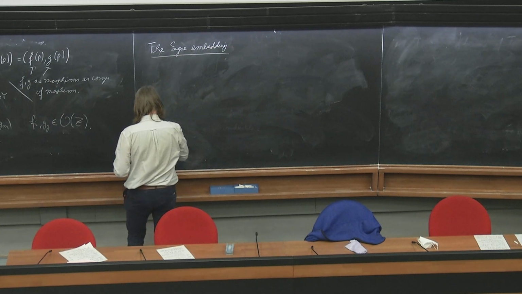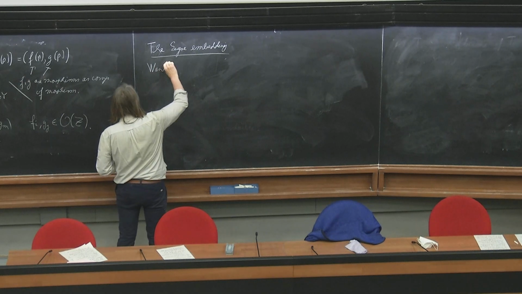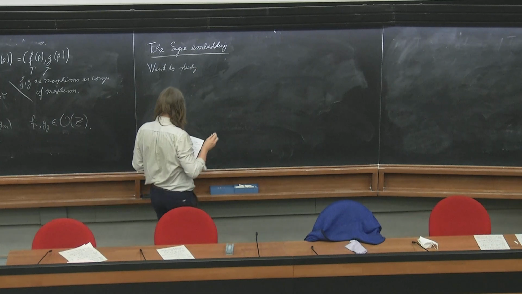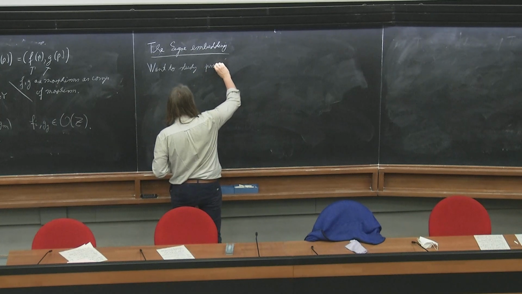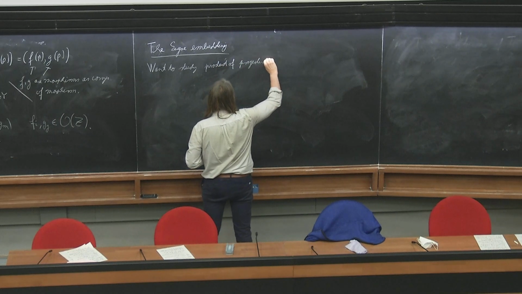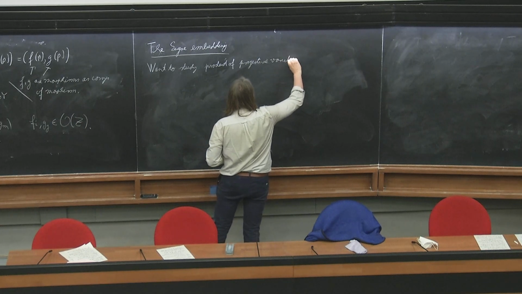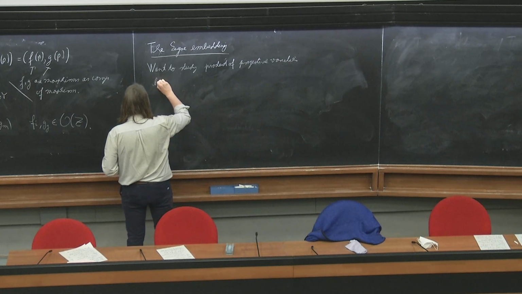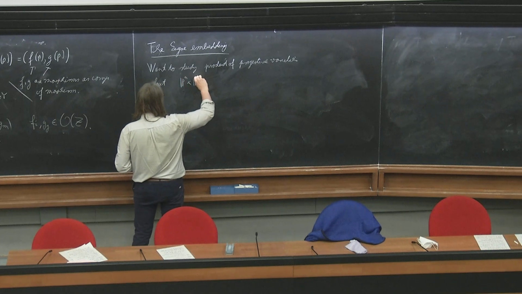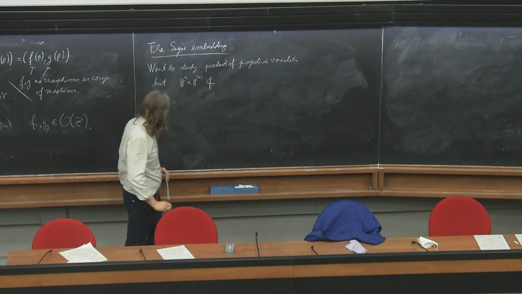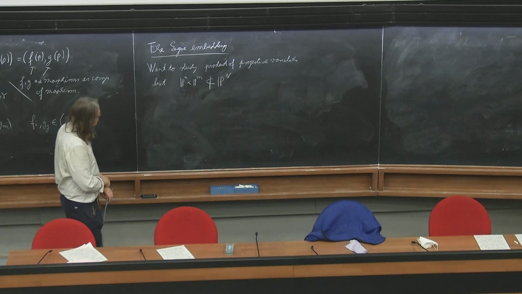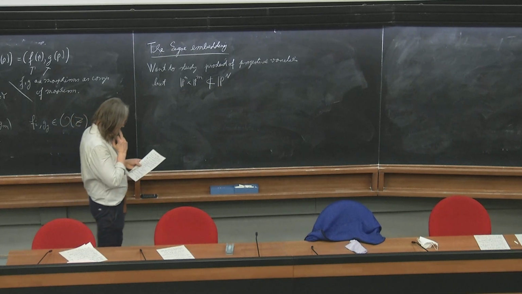As I said, we want to study the product of projective varieties. But if I take, for instance, the product Pn times Pm, this is not a subset of any projective space. So we cannot really view this as directly a projective variety.